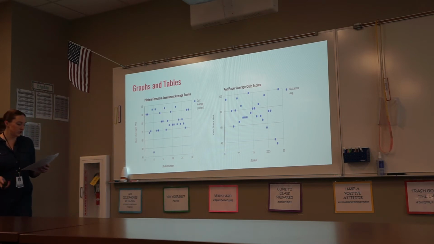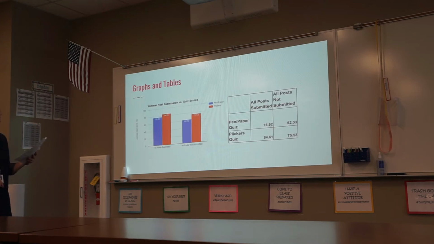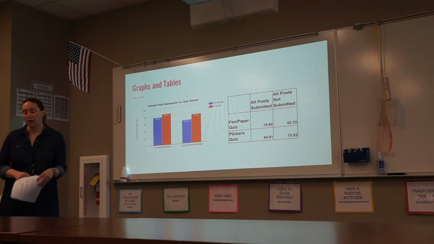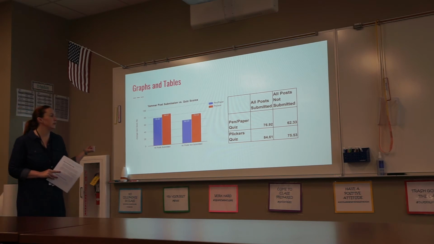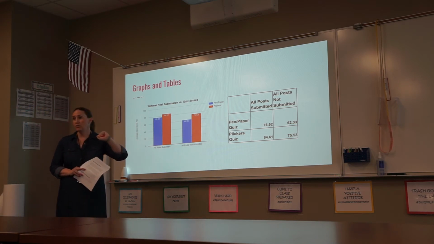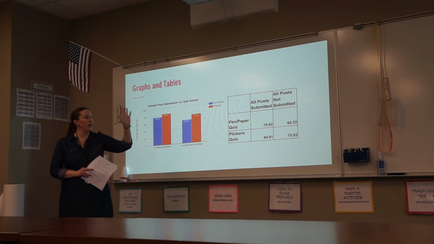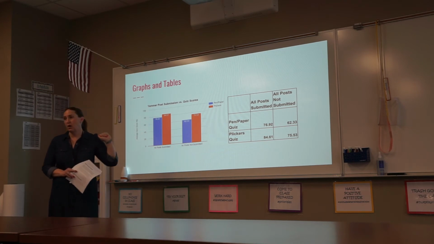And the students who participated in all of the Yammer discussions scored 14.59% higher on the paper and pen quiz and 9.08% higher on the Plickers quiz. So what we did here is we looked at those that submitted all 8 posts on Yammer and those that did not participate in all 8 posts.